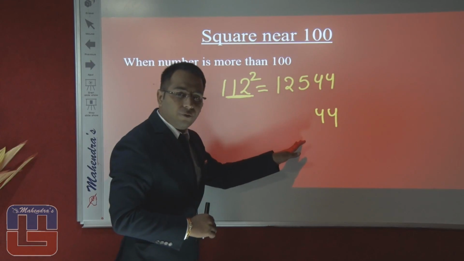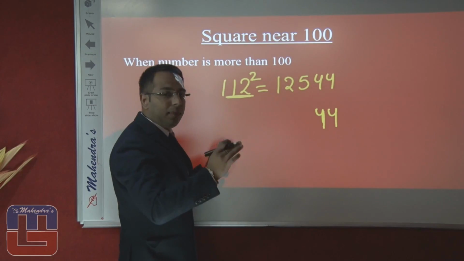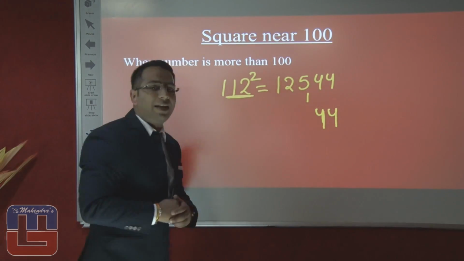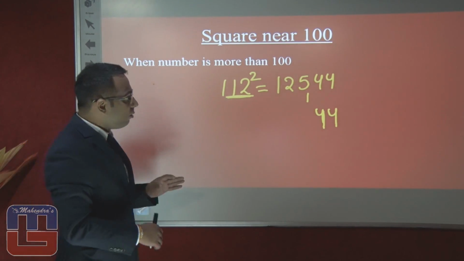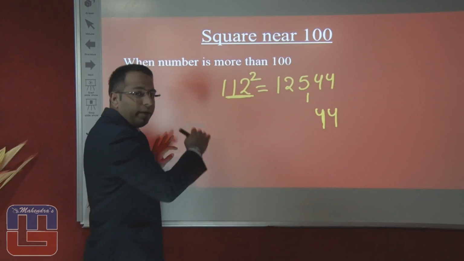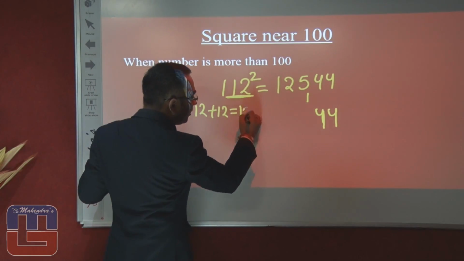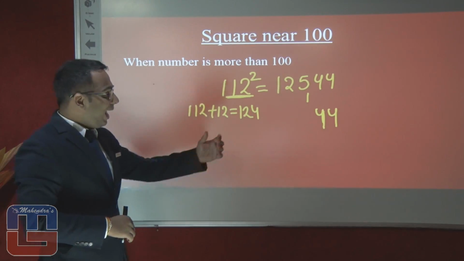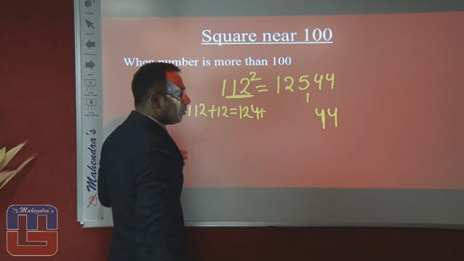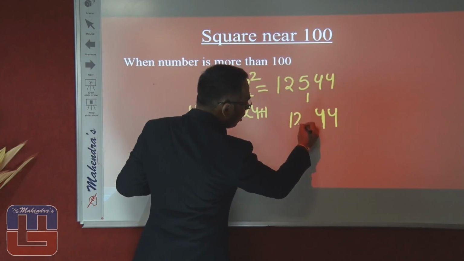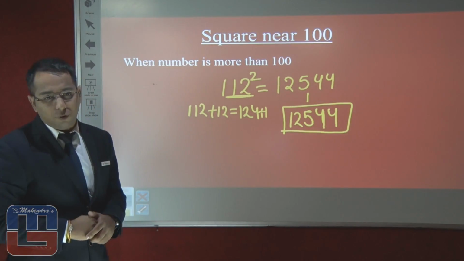So we get 144, but I only put the last two digits, 44, and the 1 is carried forward, because we have to put only the last two digits of the square. Now we add 12 to 112 and get 124, and we have one carry with us. Adding this 1 to 124, the number will be 125 and the square will be 12544.